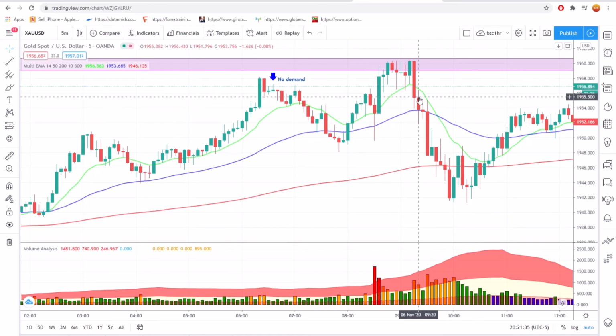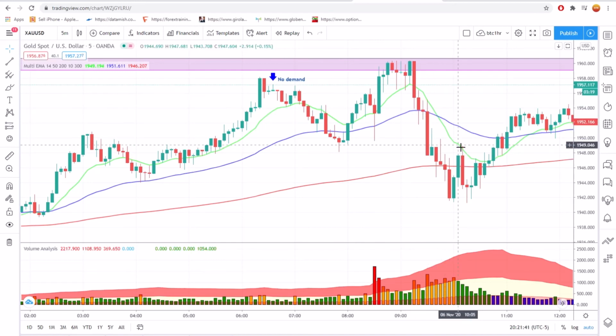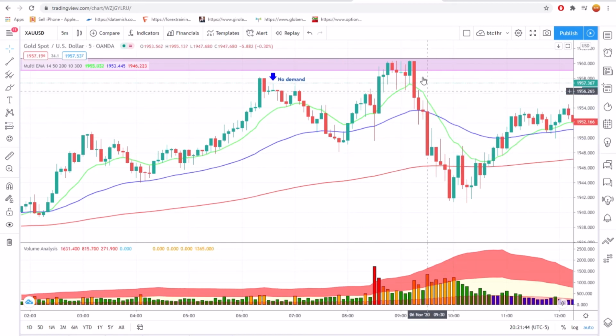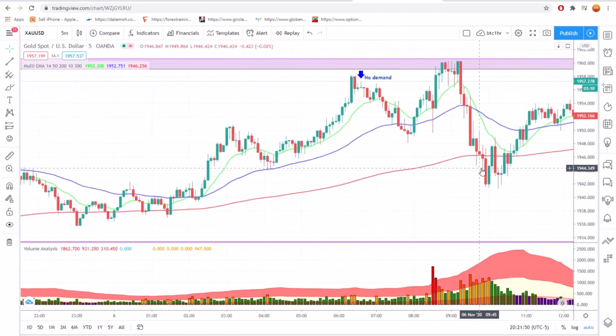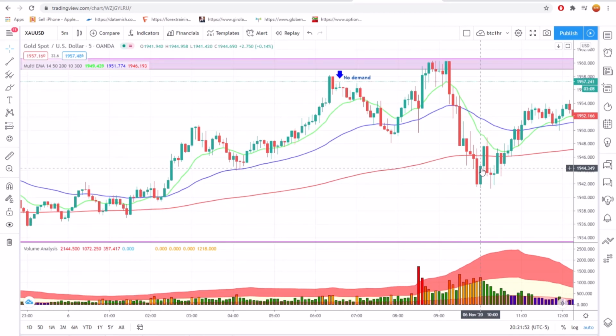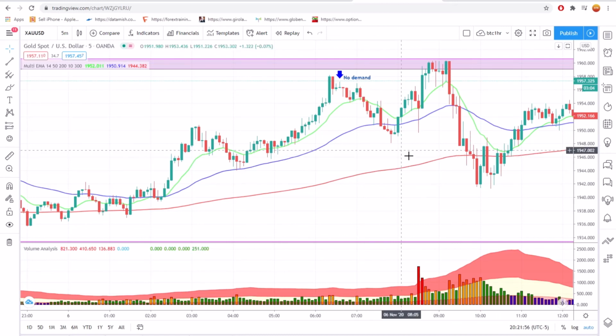As you did, you could have entered here, here, and got out here. That is a pretty good amount of pips with your original stop above here. So I would say that's a good trade for Friday. And that's a quick video of how to manage your trades when you are in a trade.